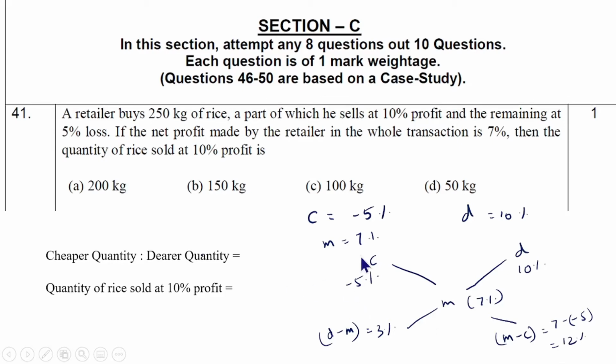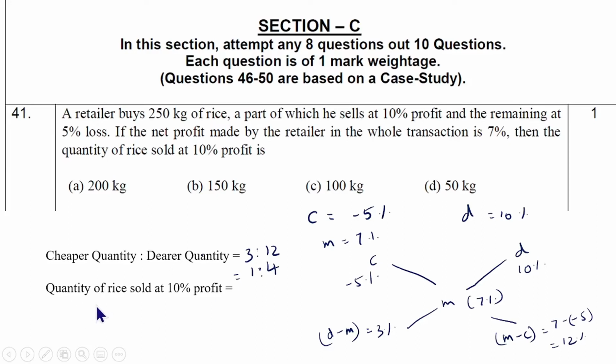So this side is the proportion of the cheaper quantity and this side is the proportion of the dearer quantity. So the ratio of cheaper quantity to dearer quantity is given by 3% is to 12%. So this is equal to 3 is to 12, or if we simplify, we get it is equal to 1 is to 4.